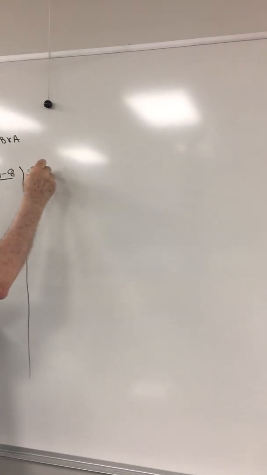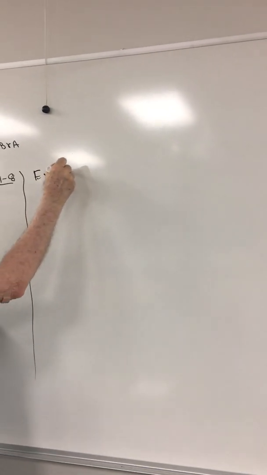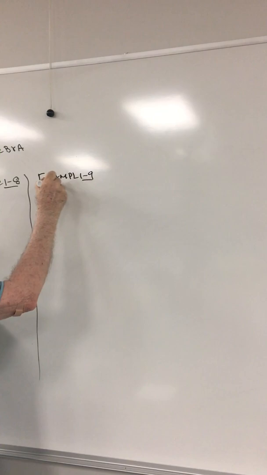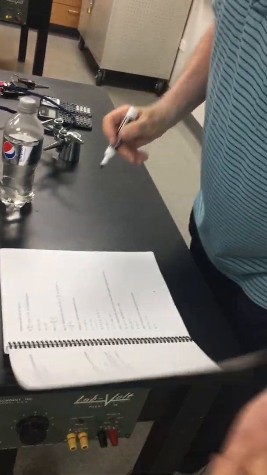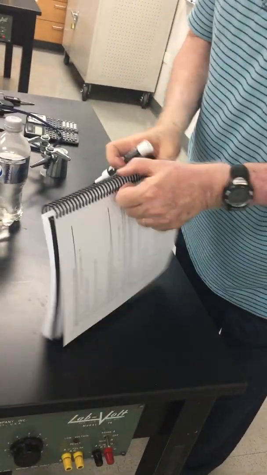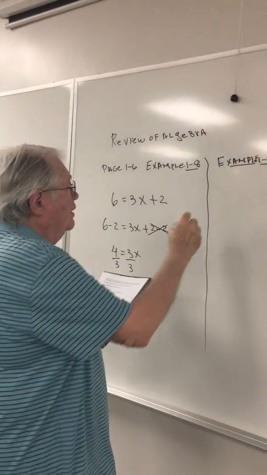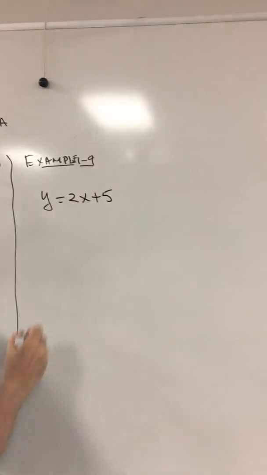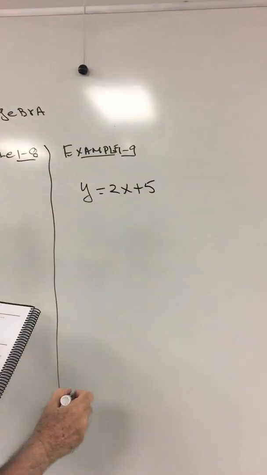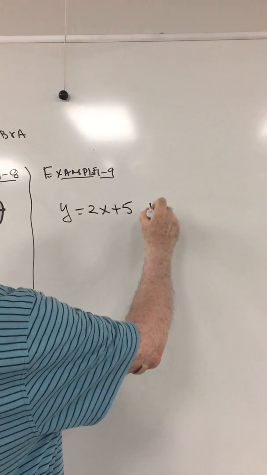Example 1-9 says, turning the page, y equals 2x plus 5. And we want to find the value of x when y is equal to 10.